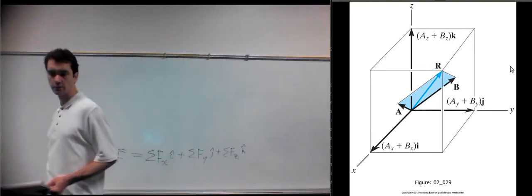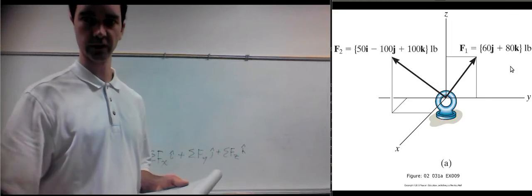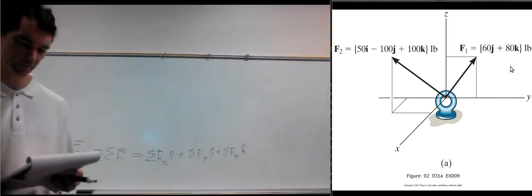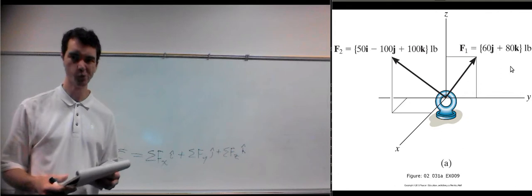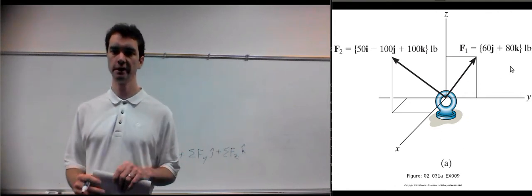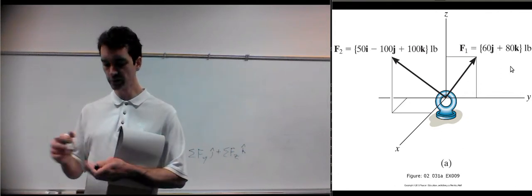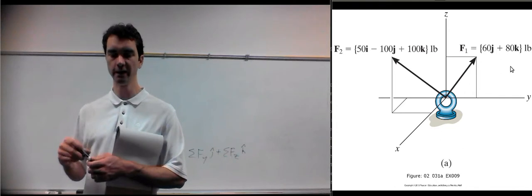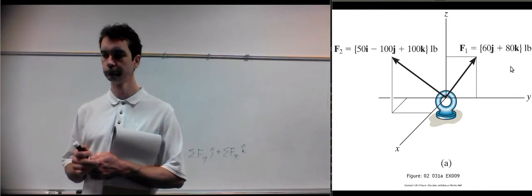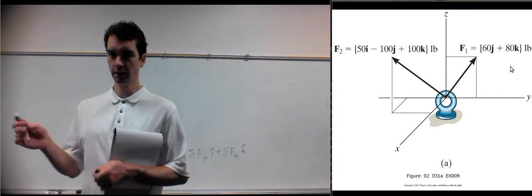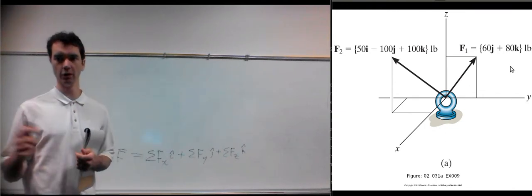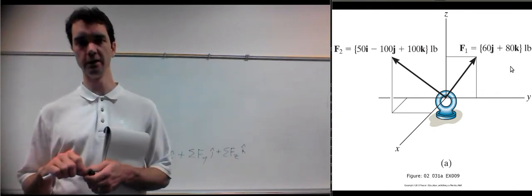So if you look at the next figure, this is example 9 in chapter 2. And the question is, what's the resultant of those two forces that are acting on that eye bolt? So they're already decomposed into their Cartesian coordinates.